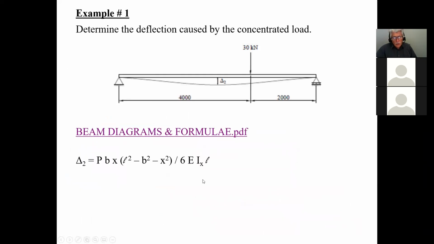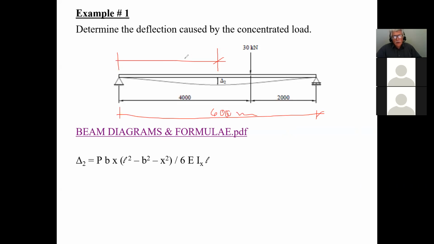And therefore, I can go back and write that equation. So P is my concentrated load, B is the distance. Like I said, here we have a distance of 6 meters. And we want to calculate the deflection at mid-span. So this is 6 meters or 6,000 millimeters.